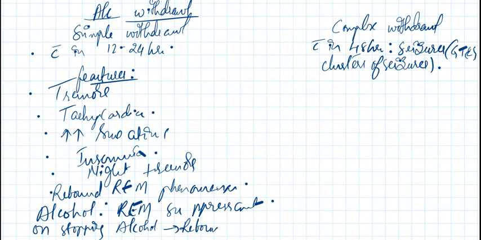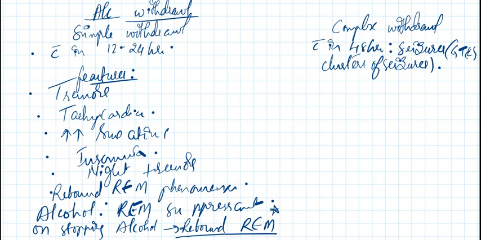This is an MCQ in INICET, star mark. If you stop alcohol, there will be a rebound REM, because alcohol is a REM suppressant. It suppresses rapid eye movement sleep, but if you stop alcohol suddenly, there will be a rebound REM.